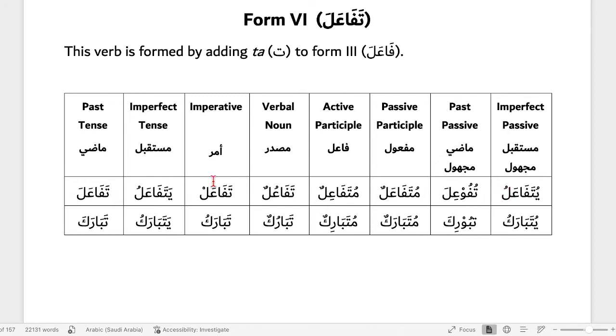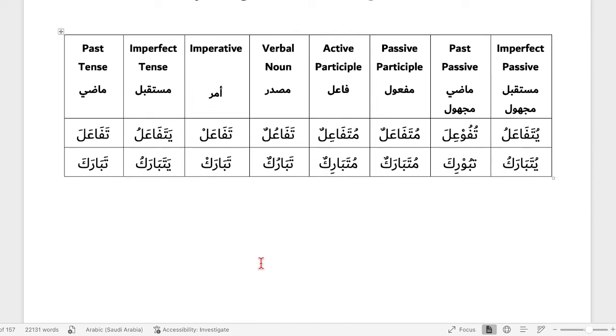You just need to memorize or remember this pattern, then it's going to be easy to make any verb and set the verb on those patterns. Like the verb tabaraka, yatabaraku, tabarak, tabarak, going to be jazm here. Tabarukun, mutabarikun, mutabarakun, tuburika, yutabarakum. This is also not very common.